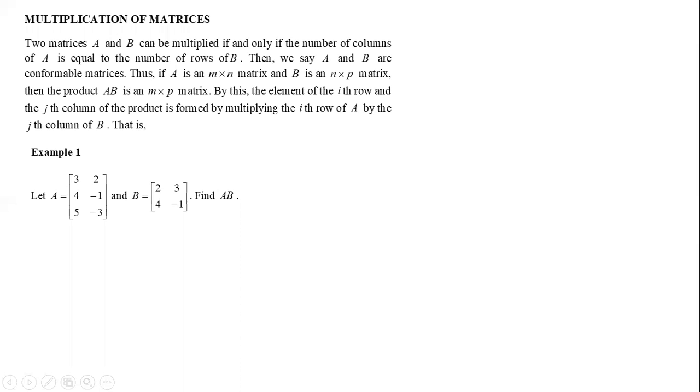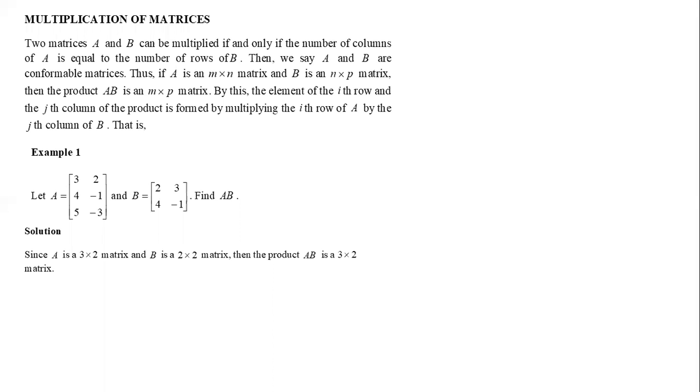Now, look at these matrices. My matrix A is a 3 by 2 matrix, that is, I have 3 rows and 2 columns. And my matrix B is a 2 by 2 matrix. I have 2 rows and 2 columns. Since the number of columns in A is the same as the number of rows in B, I can multiply the matrices. Then I want to find A multiplied by B, AB.